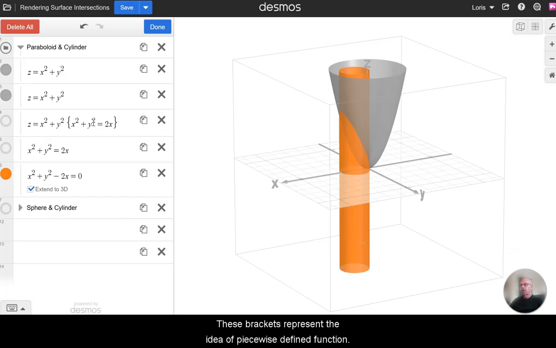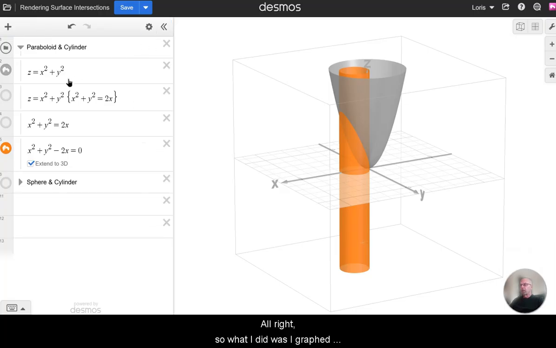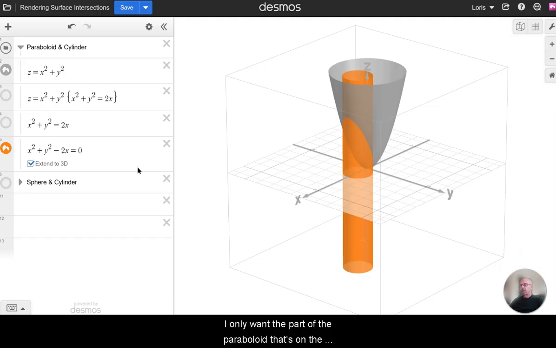These brackets represent the idea of a piecewise defined function, so it's this function with this restriction on it. So I graphed the paraboloid, I graphed the cylinder, and then I said, okay, I only want the part of the paraboloid that intersects the cylinder. So I did this piecewise defined function there.